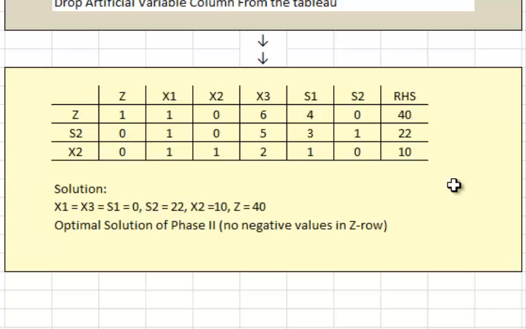It has everything that regular simplex has. The only thing that we do in this case is to break it down into two phases. One deals with the minimization of the artificial variables, and the other one with the actual problem, whatever the objective function is, whether it's minimization or maximization.